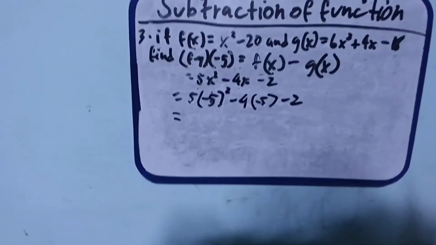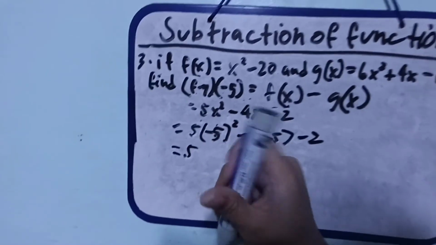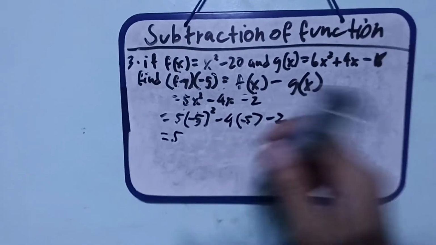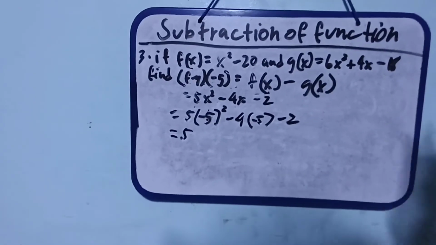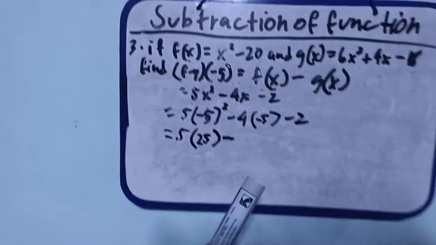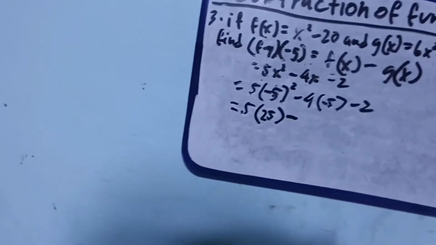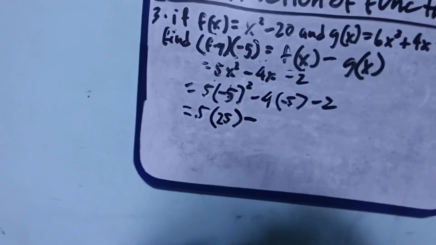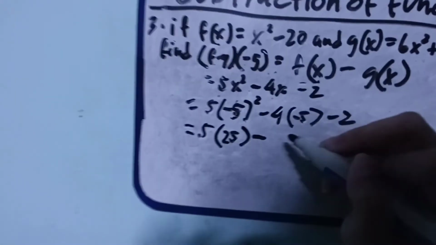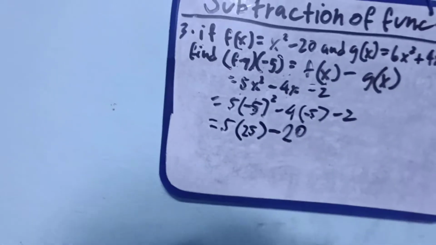All we have to do is, solve na muna natin yung mga nasa loob ng parenthesis. Negative 5 raised to the power of 2. That is 5 times 5, which is 25. Minus negative 4 times negative 5. That would be 20, minus 2.